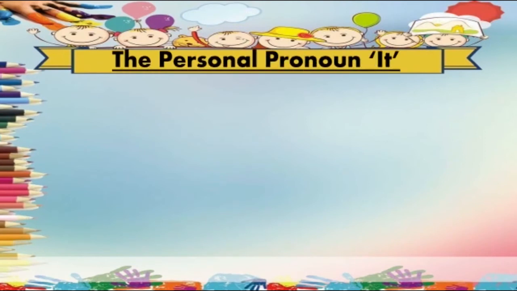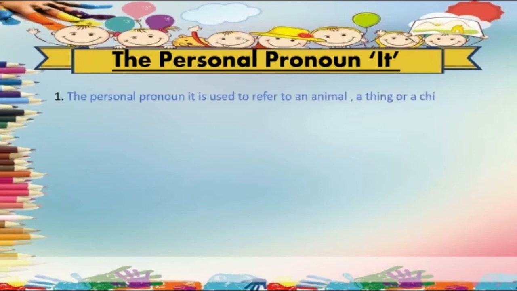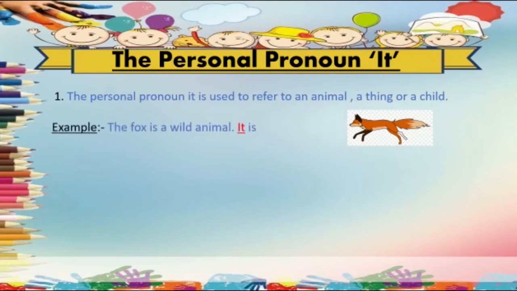Children, now let's know about the personal pronoun it. The personal pronoun it is used to refer to an animal, a thing, or a child. For example, the fox is a wild animal. It is very cunning.